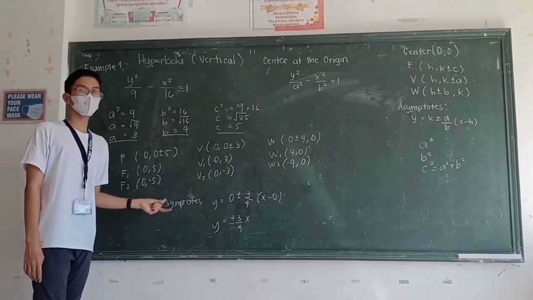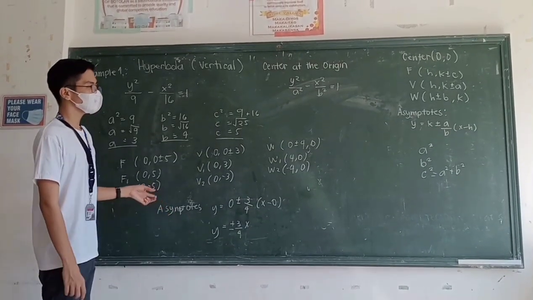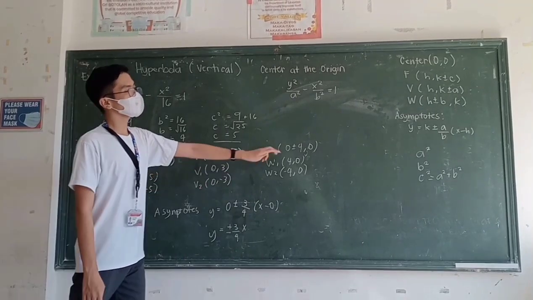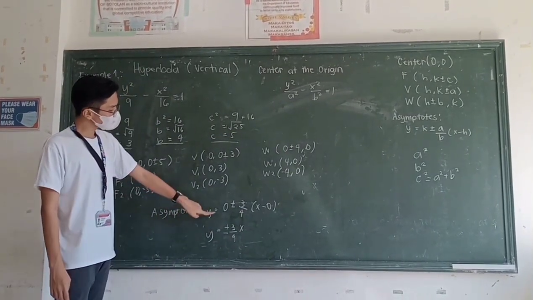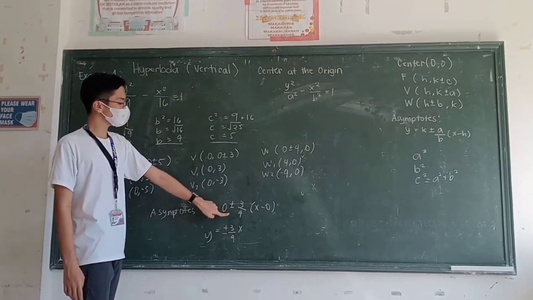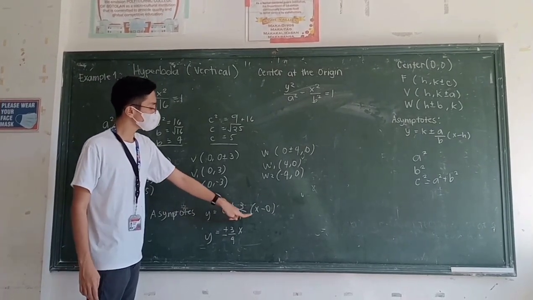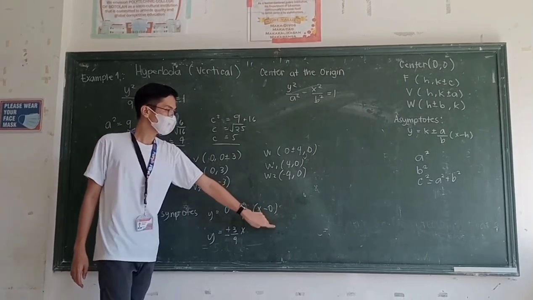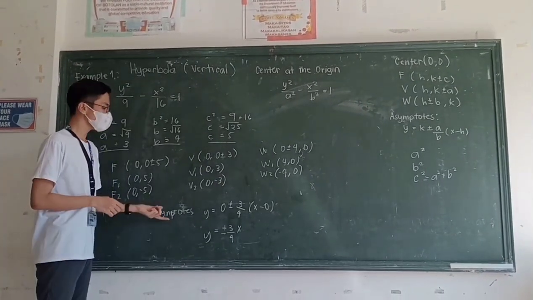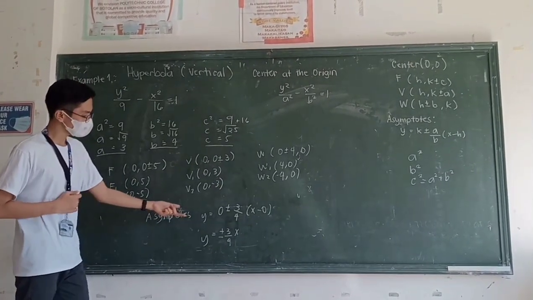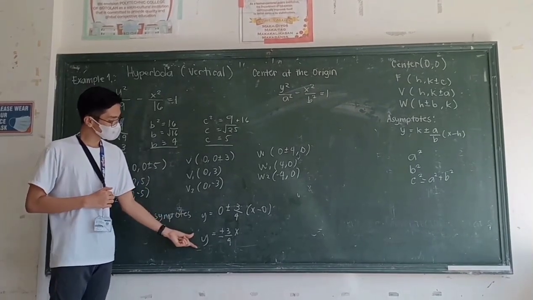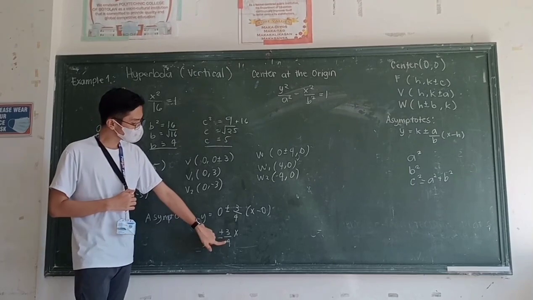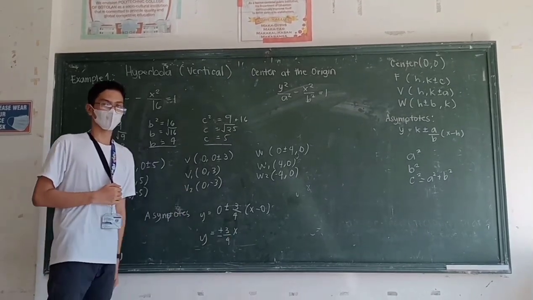After that, we should substitute the values of a, b, h, and k into the equation of asymptotes. So we get y is equal to 0 plus and minus 3 over 4 times the quantity x minus 0. After we get this equation, we need to simplify it. So we get y is equal to positive and negative 3 over 4 x.